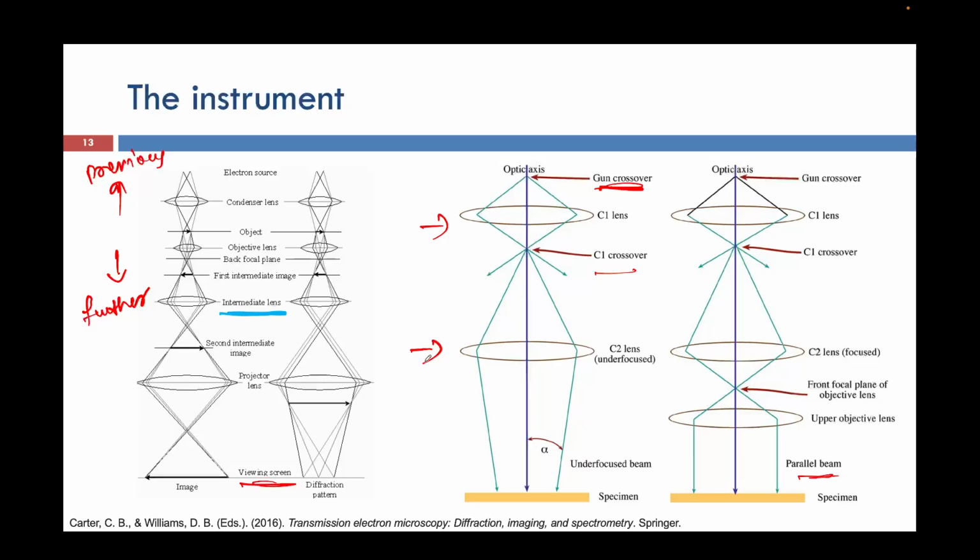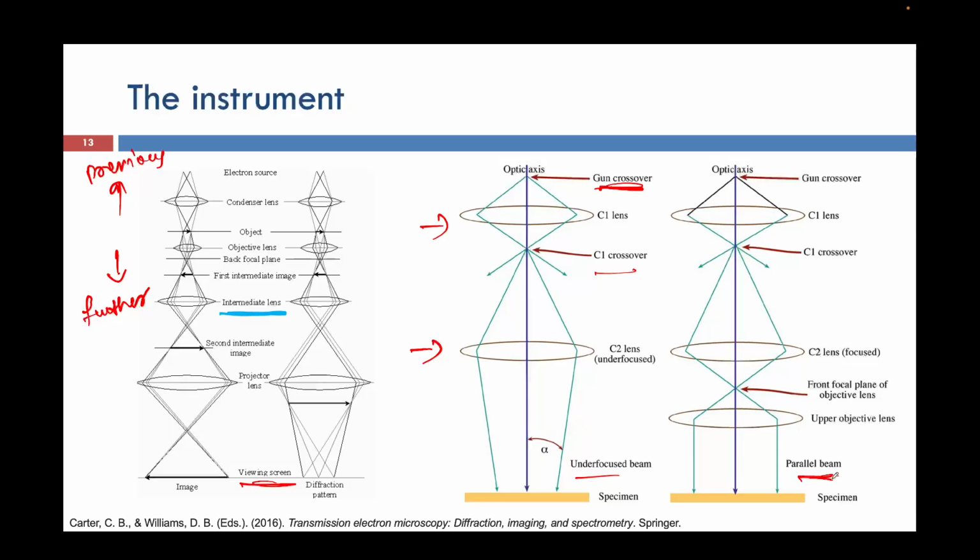So C1 and C2 are condenser lens 1 and condenser lens 2. By manipulating the strength of these condenser lenses, what do I mean by strength? That means I am increasing or decreasing the current flowing through the wires which create this electromagnetic lens. So when I do that, if I want, I will be able to get an under focused beam. If I want, I'll be able to get a parallel beam.